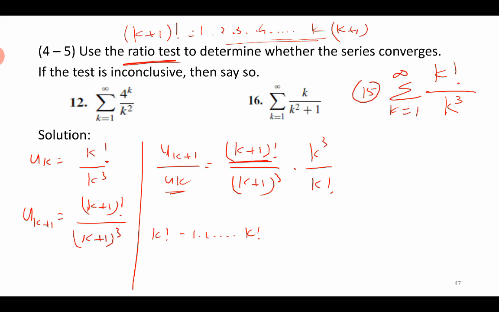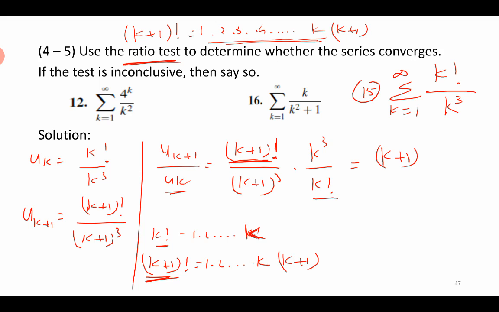So (k+1) factorial is 1, 2, 3, up to k and k plus 1. When you divide this term by k factorial, you will get only k plus 1. So the numerator is k plus 1.